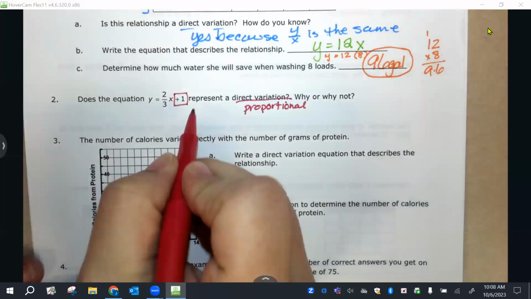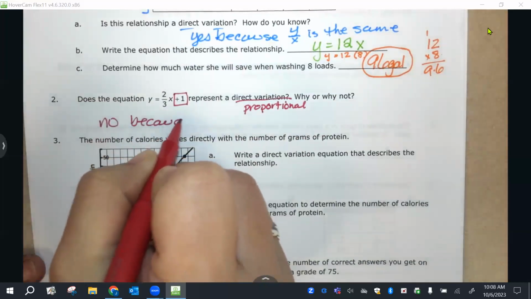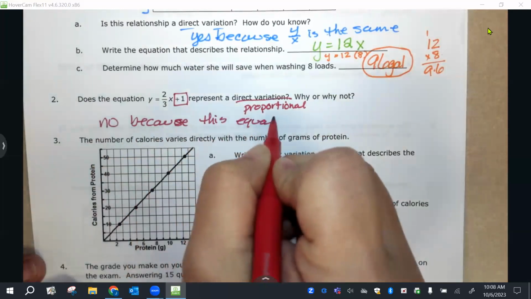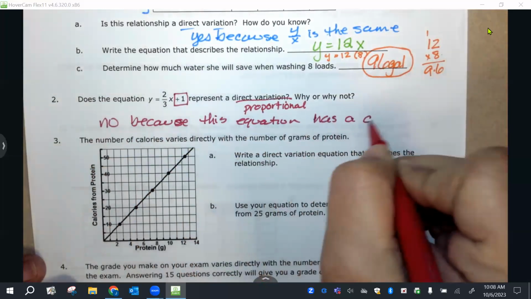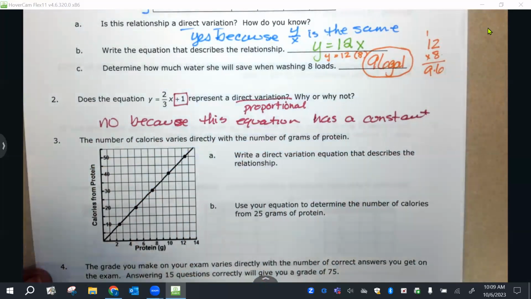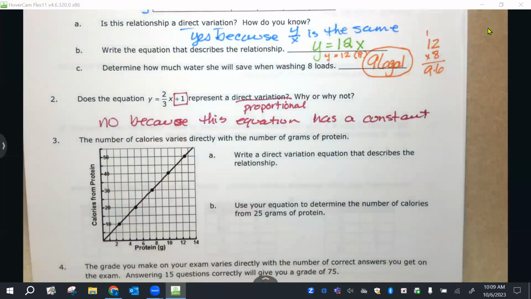So we can say no, because this equation has a constant. Remember, the constant is the number that's being added or subtracted onto the end of the equation. So that should have been super easy.